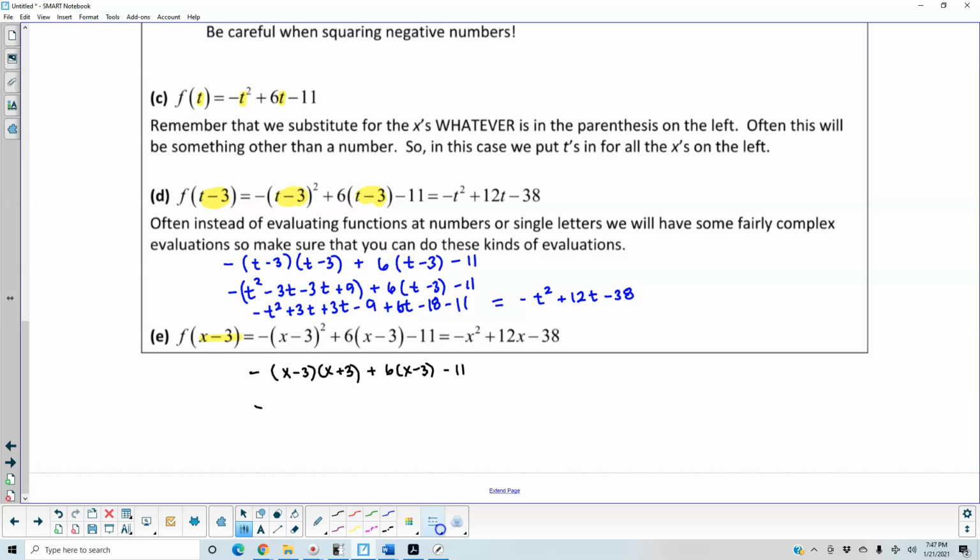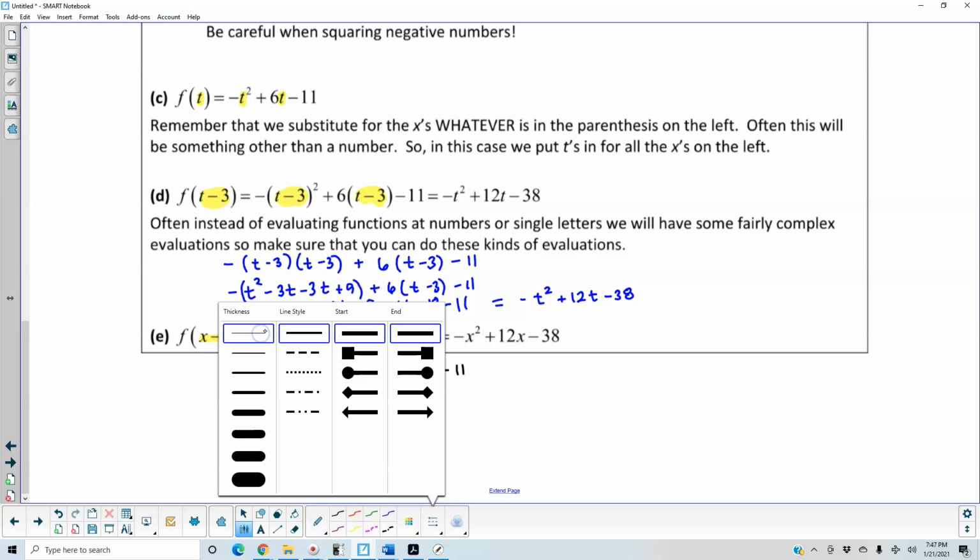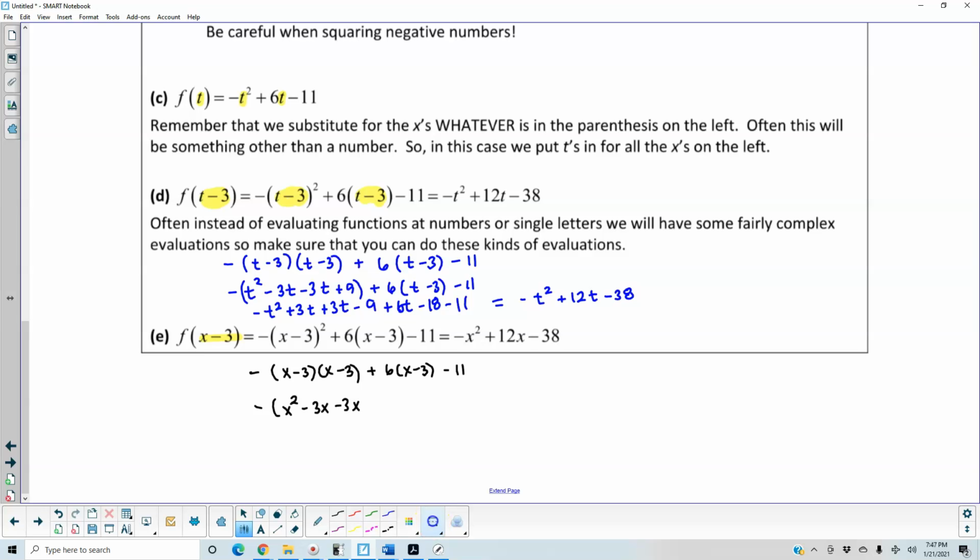And again, using the FOIL method, we get negative, this is x squared minus 3x minus 3x, and that's plus 9, plus 6 times (x minus 3) minus 11.